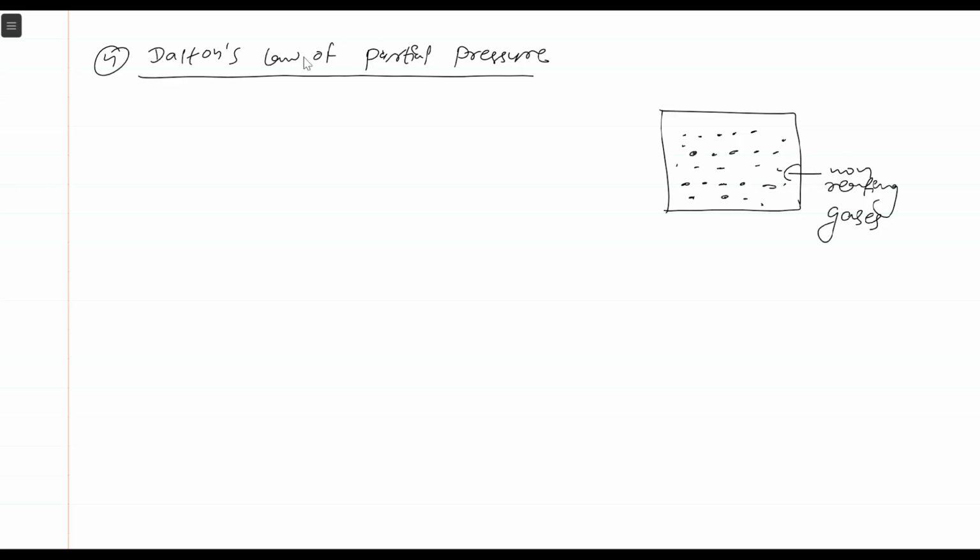So according to Dalton's law of partial pressure, all these molecules will exert their own pressure. That is called the partial pressure.